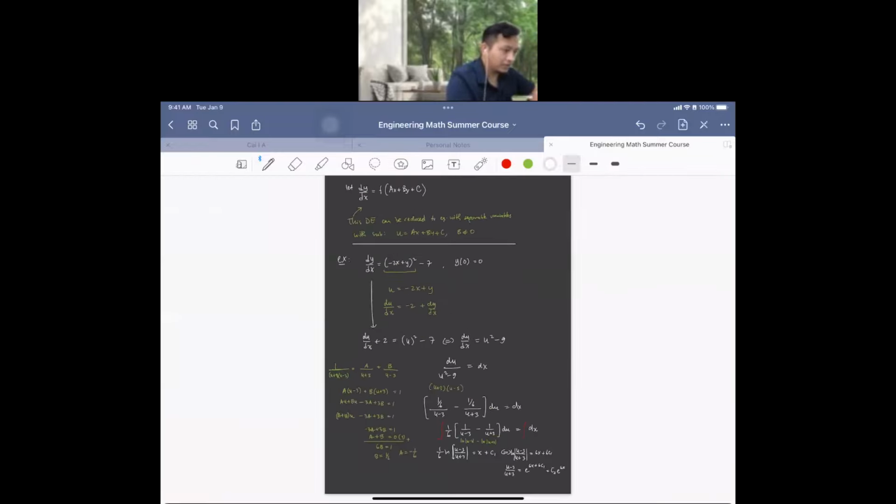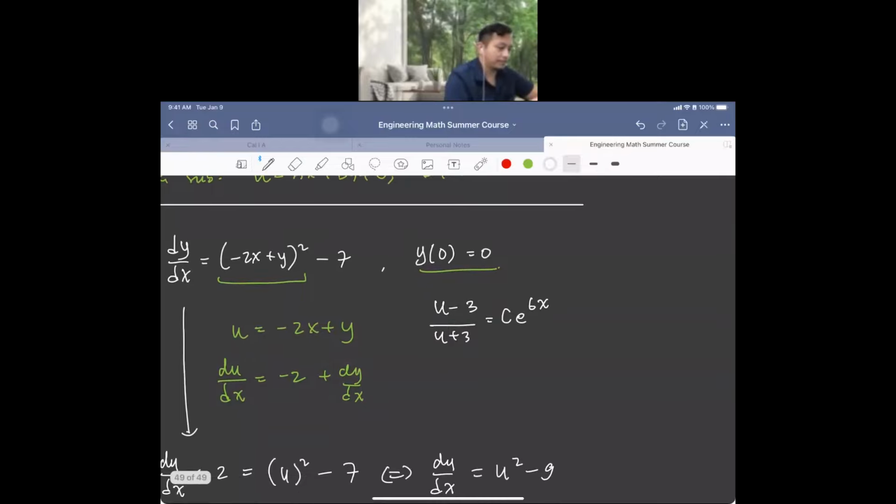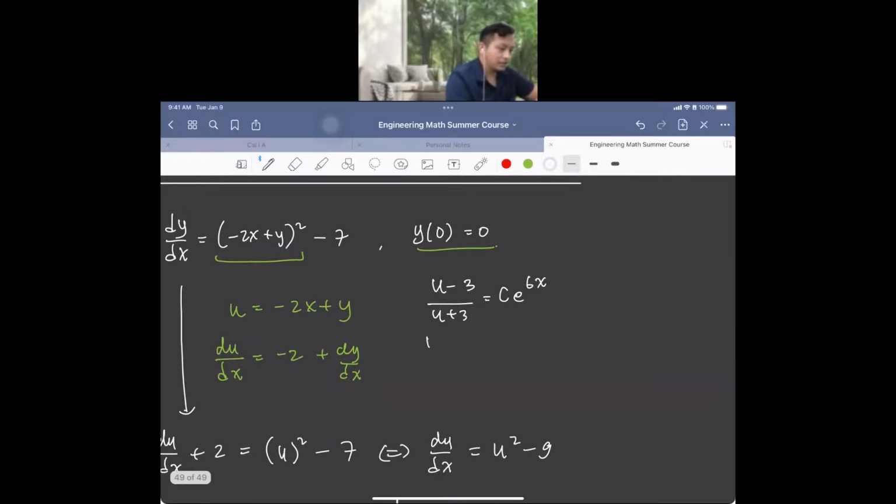Right. Now apply the initial conditions. Let me just write the constant, just c e to the power 6x. Solve a little bit.